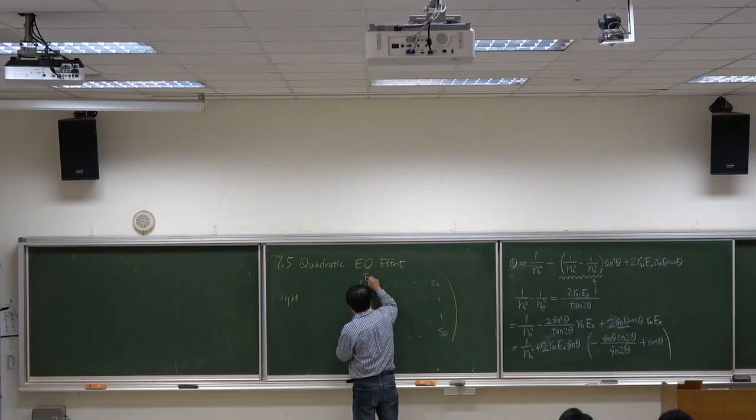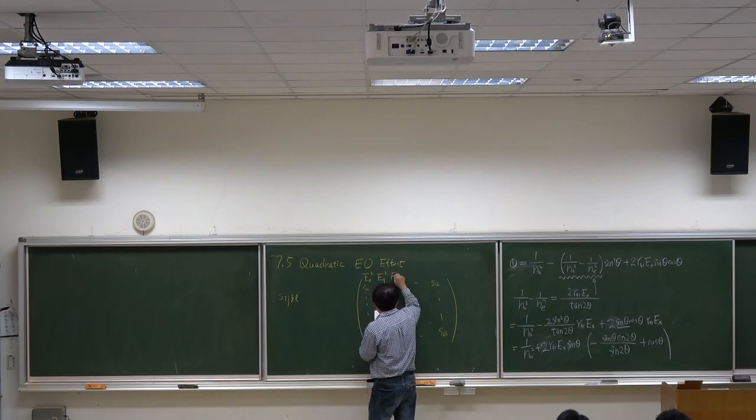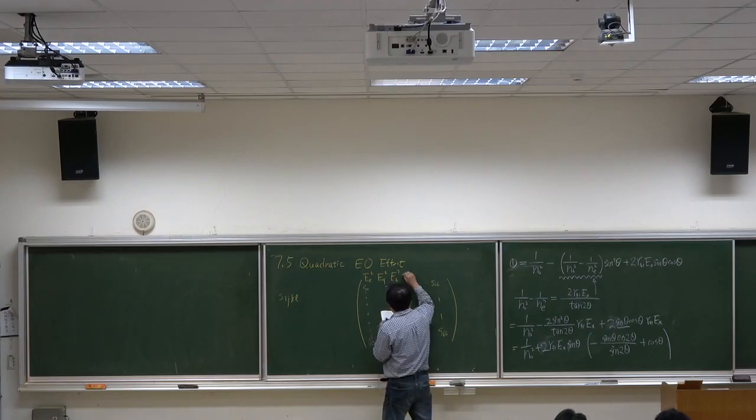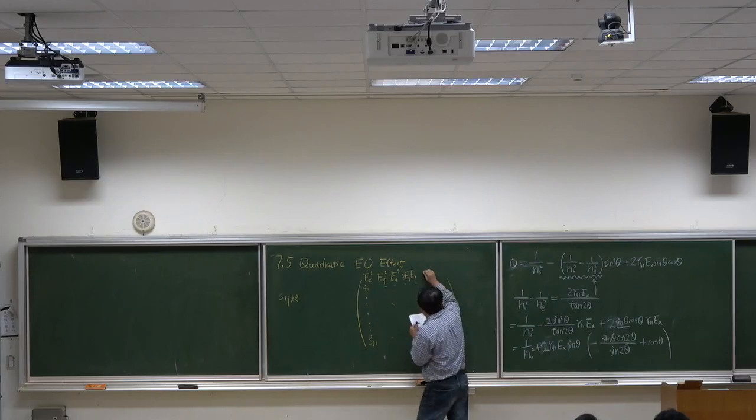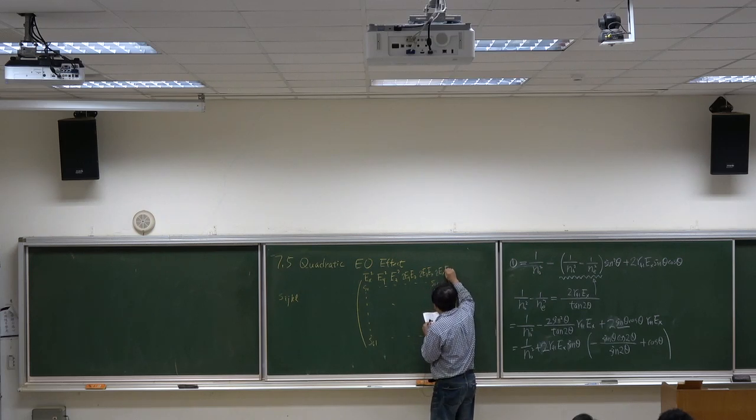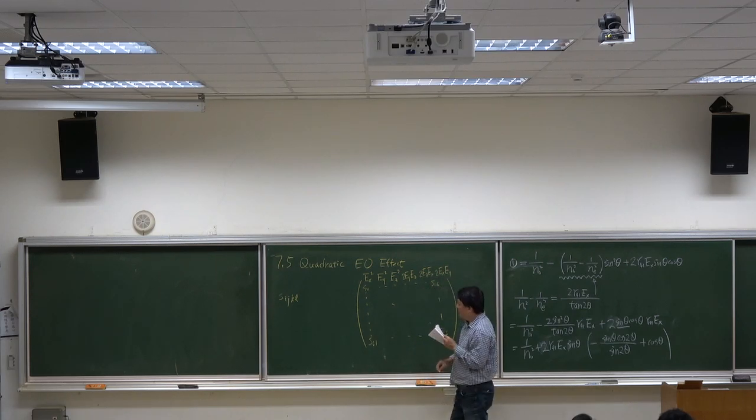Now we have Ex squared, Ey squared, Ez squared, 2EyEz, 2EzEx, 2ExEy.